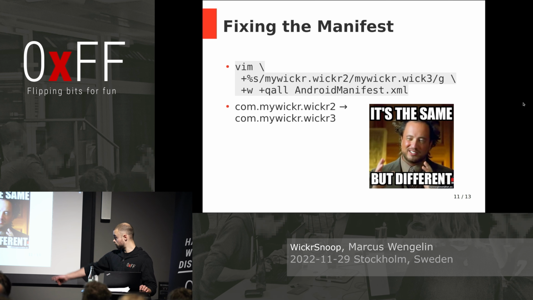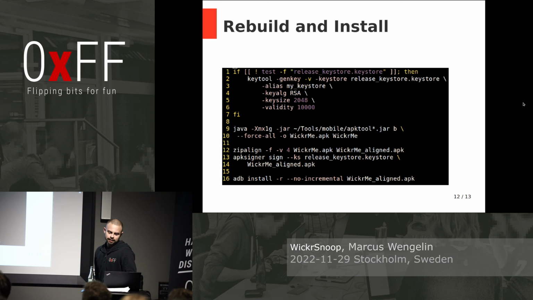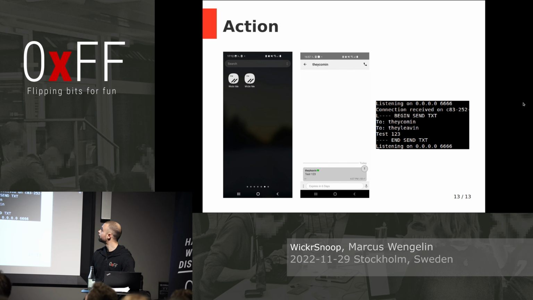In our case, that identifier is com.mywickr.wickr2, and the vim command here will simply replace all occurrences of that with com.mywickr.wickr3. Then it's a fairly simple task to rebuild the application using apktool, and then align and sign the file.